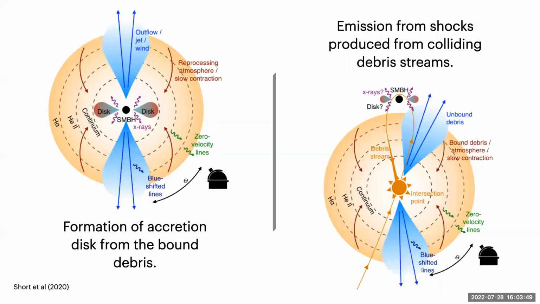So there are two conceptual models that describe the behavior of a TDE and how we think we can understand the emission. The plot on the left shows the traditional model where a tidal disruption event happens, the material that's left coalesces into an accretion disk. You get polar outflows or jets. You get X-ray radiation. You get this reprocessing layer.